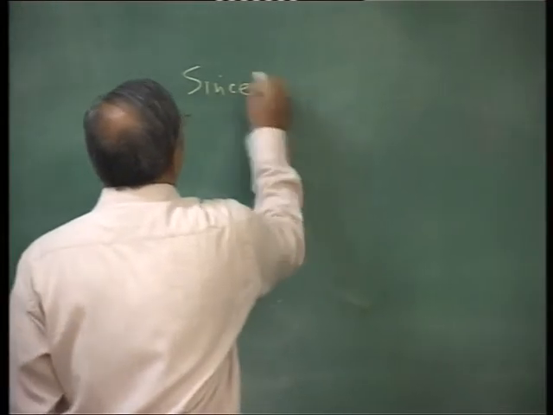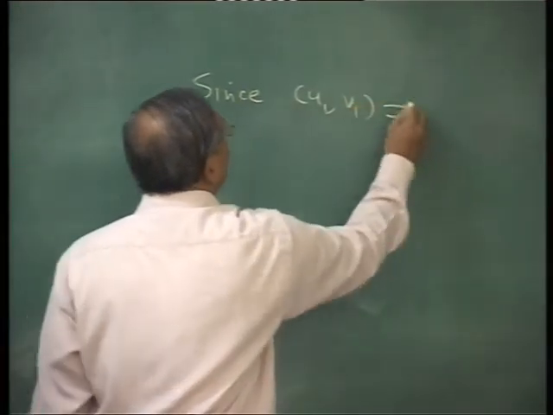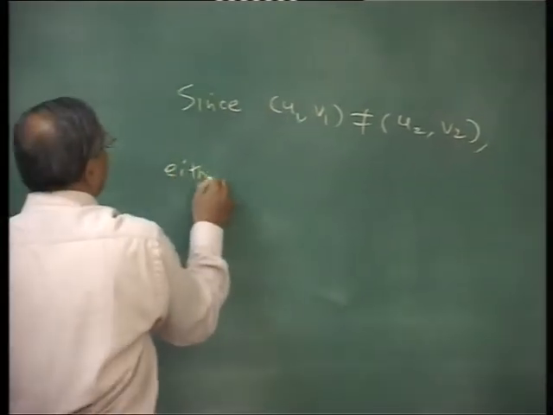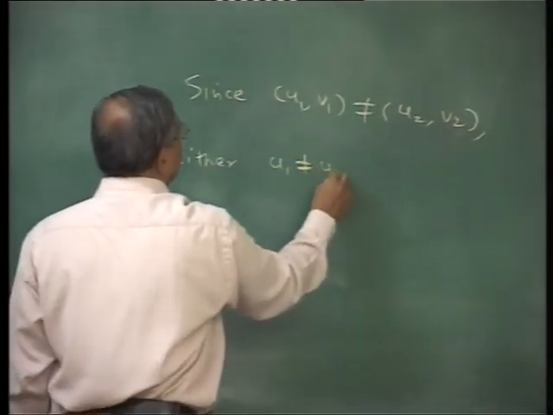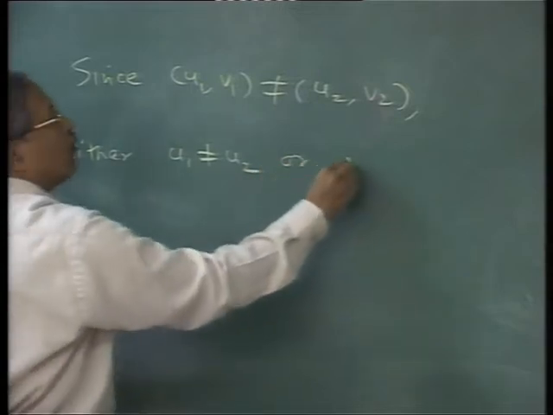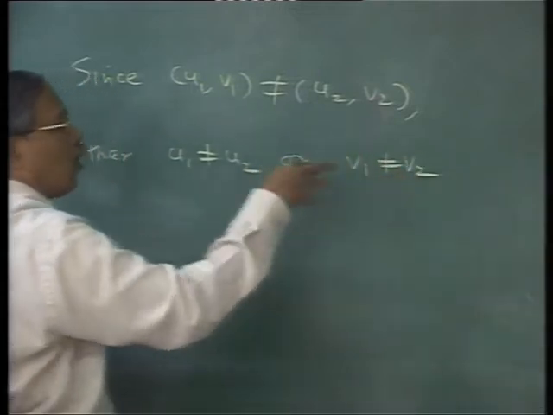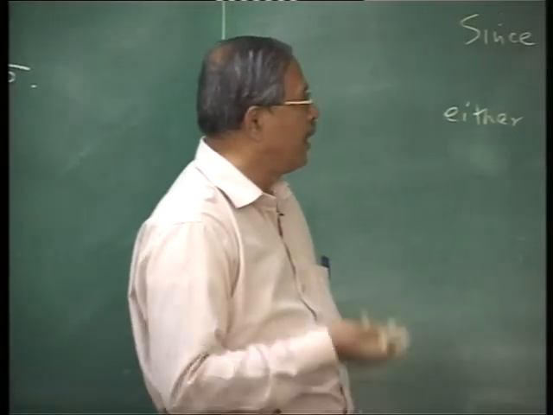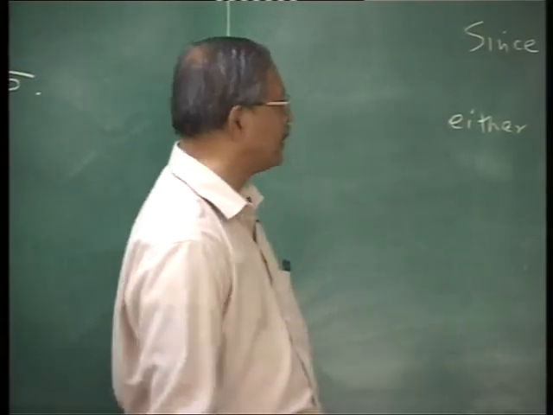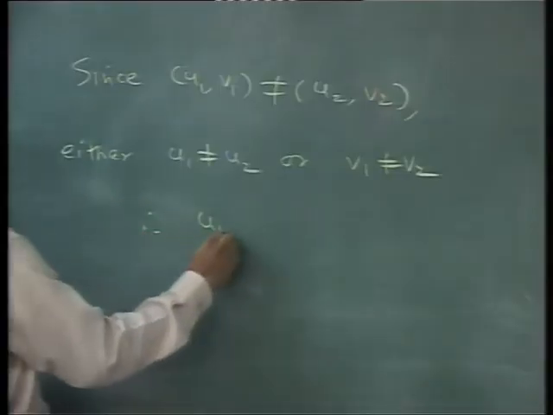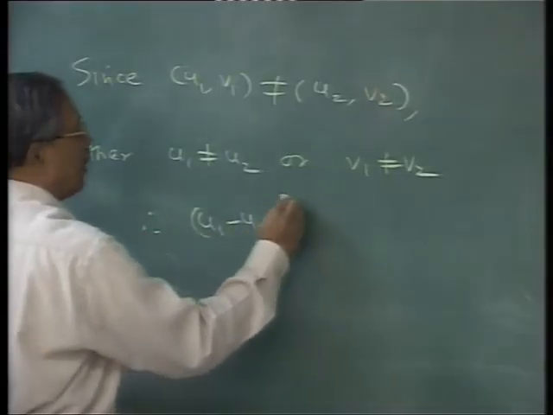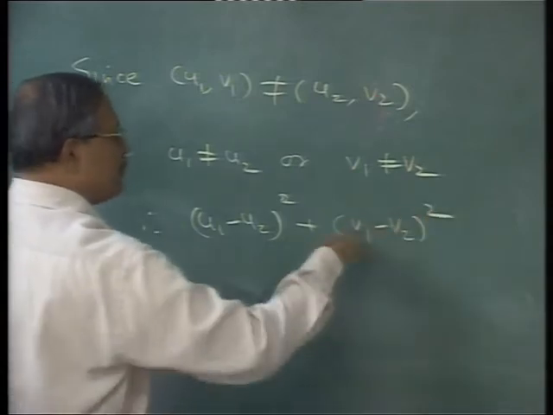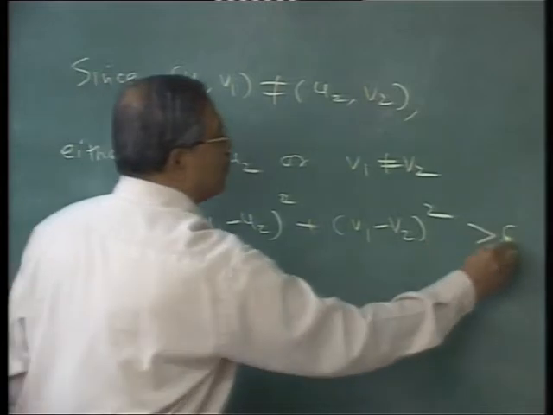Since (u1, v1) is not equal to (u2, v2), either u1 is not equal to u2 or v1 is not equal to v2 or both. Mathematical "or" means A or B: A happens or B happens or both happen. And therefore (u1 minus u2) square plus (v1 minus v2) square is bigger than 0.